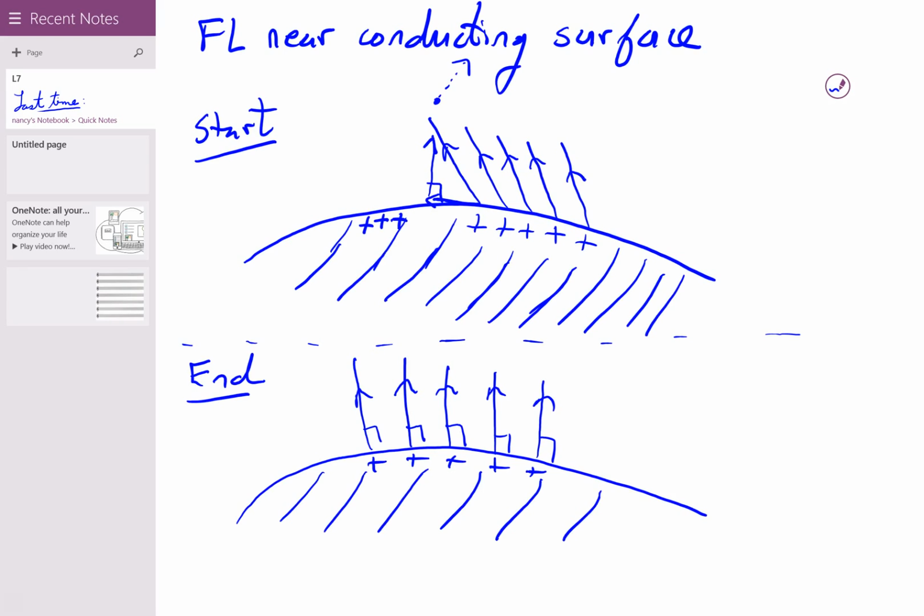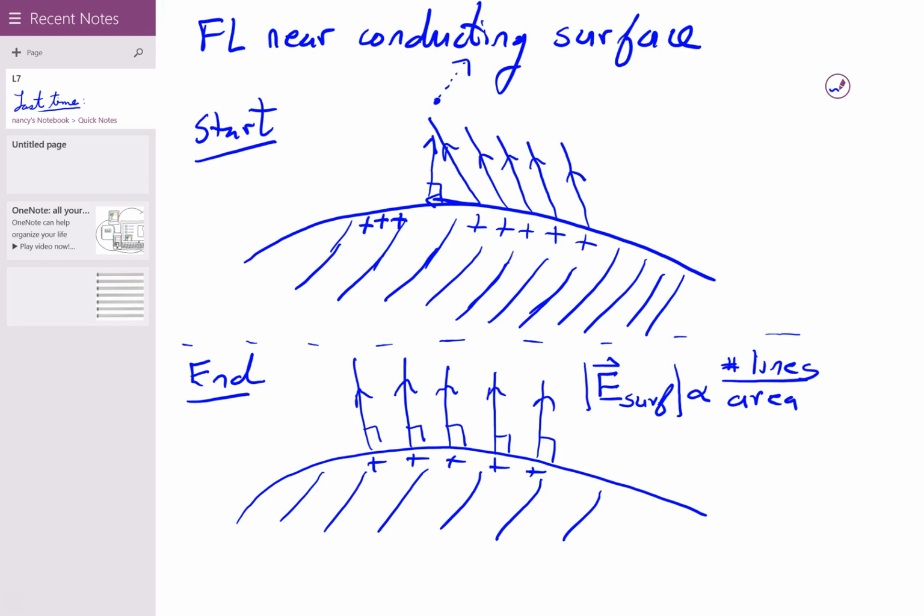If you recall what we said previously, we said that the number of lines per unit area is proportional to the electric field. So I know that the strength of the electric field here at the surface, it's a vector and I'm talking about the magnitude of the vector, is going to be proportional to the number of lines per unit area.